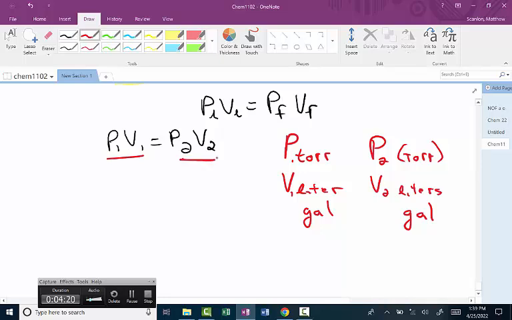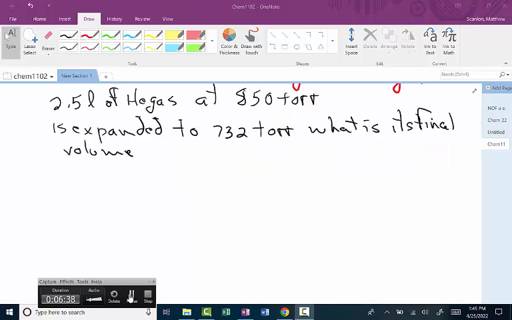I'm going to set up a couple of problems and show you. Here's an example problem. I've got 2.5 liters of helium gas at 850 torr, and it's expanded to 732 torr. I want to know what the final volume is.